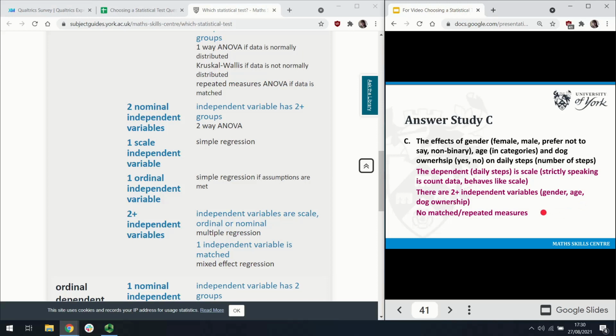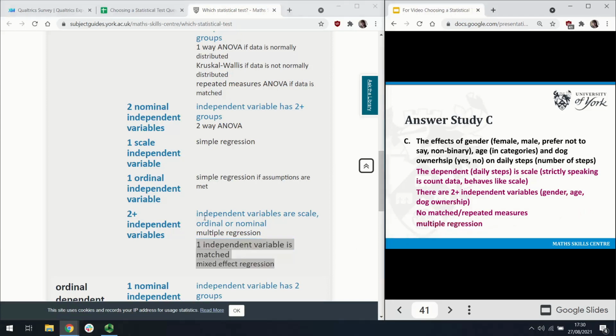We don't have a design where we've got repeated data or matched data or repeated measures. This option is where one of our independent variables has that repeated measures element to it, that matched format, and we would be using that test.